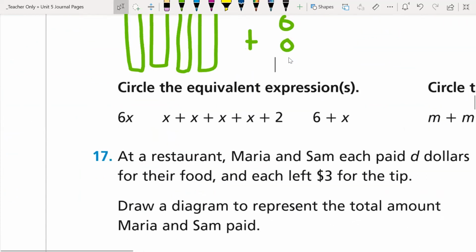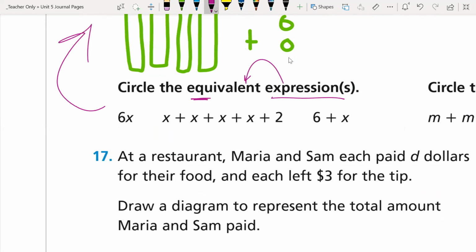Okay, so circle the equivalent expressions. Remember, equivalent means equal. Which of these expressions is equal to what we have going on up here, right? So 6x won't work because we only have 4 total x. That's our unknown value. We only have 4 of those, so that won't work.